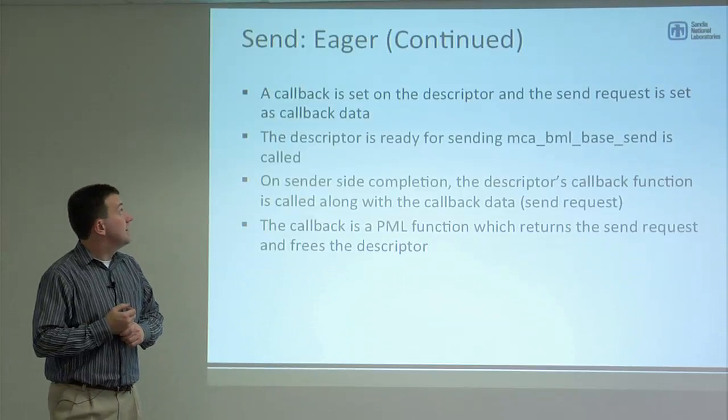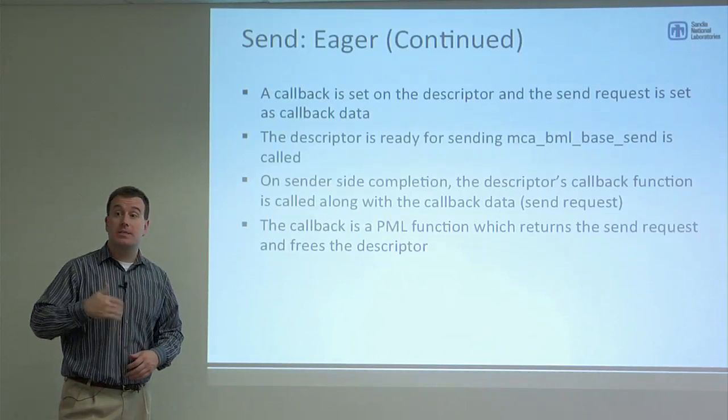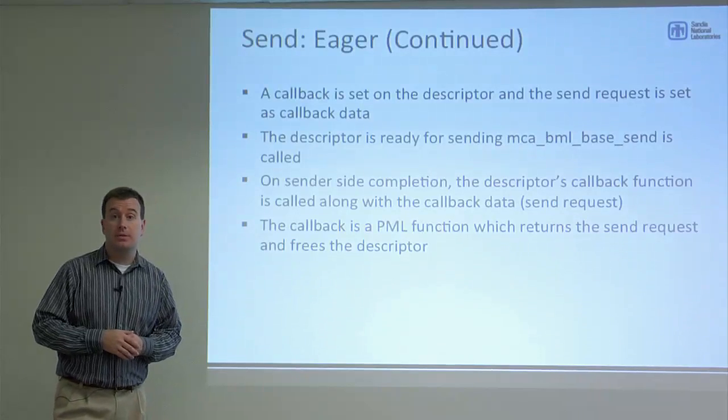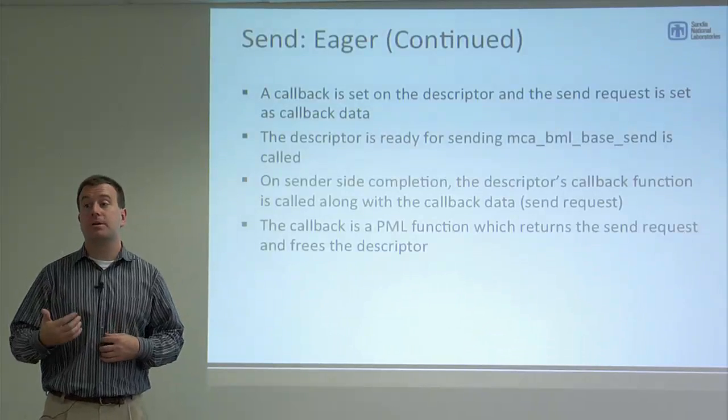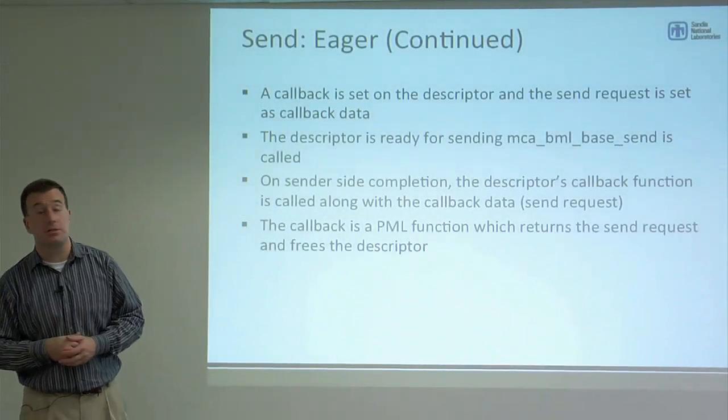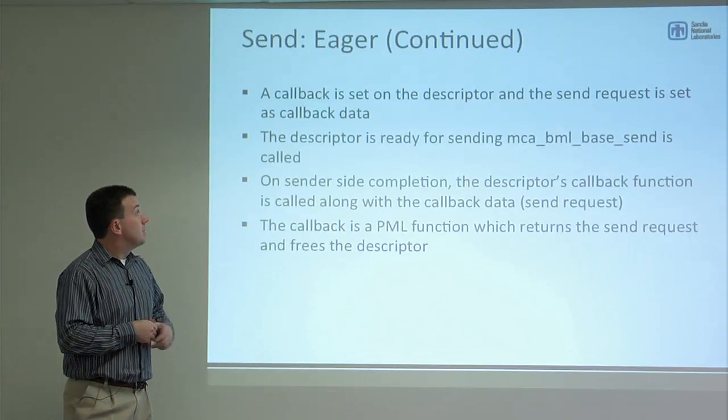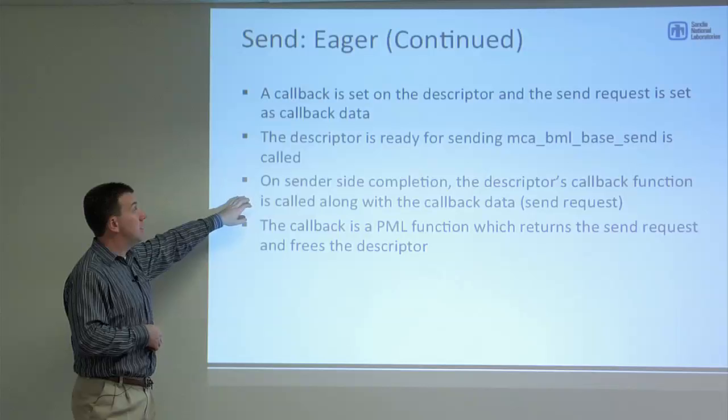Now, before we send that descriptor, one of the things we've done is set the callback function for what function should be called when we get local send completion. We then call send.